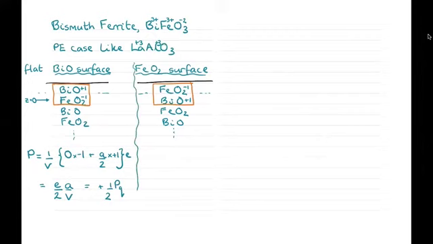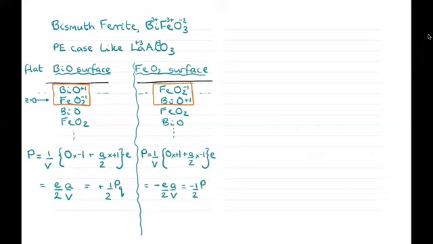We make the same calculation for the FeO2 surface. Then the polarization is 1/V, 0 times +1 for the bismuth oxygen layer, plus A/2 times -1 for the FeO2 layer, times the electronic charge, which is minus E/2 times A/V, which is minus a half polarization quantum.